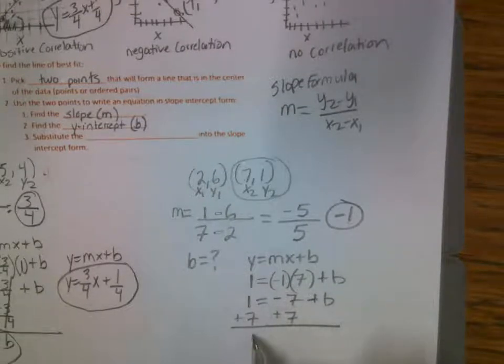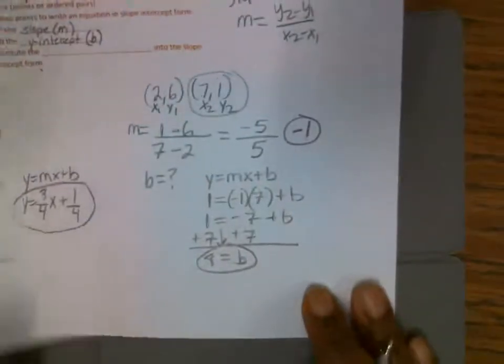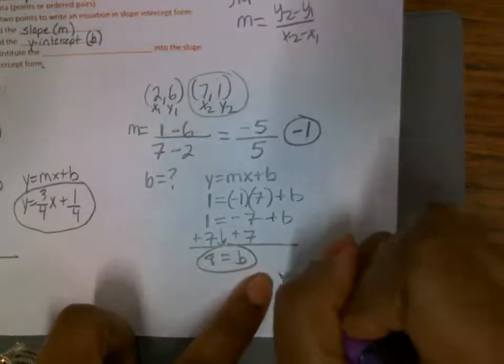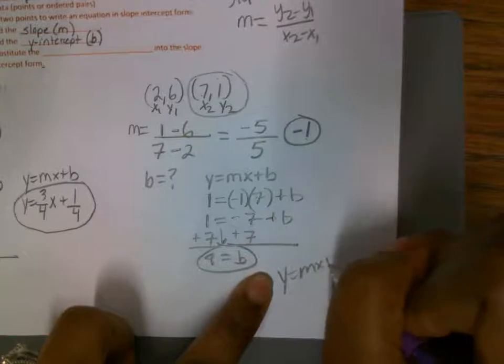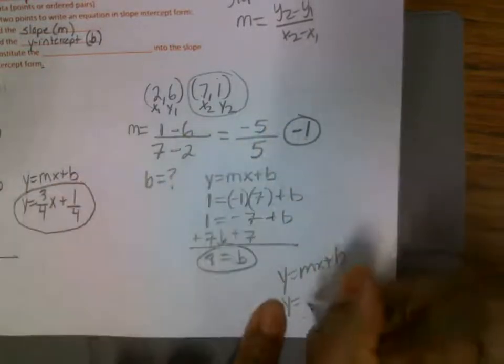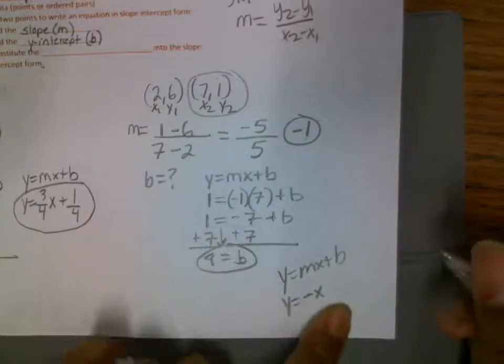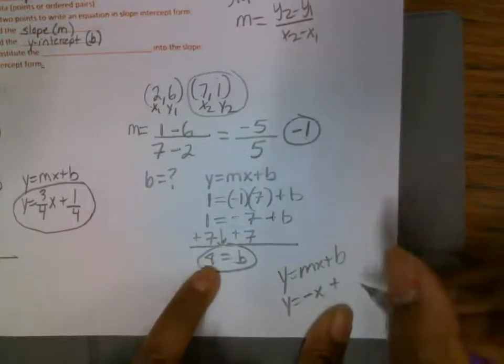And this is going to be 8. So b here is 8. So my equation, sorry, let me slide up because it's hard to see that. My equation in slope-intercept form is y is equal to negative 1, so I can put negative x plus, because it's a positive, 8.